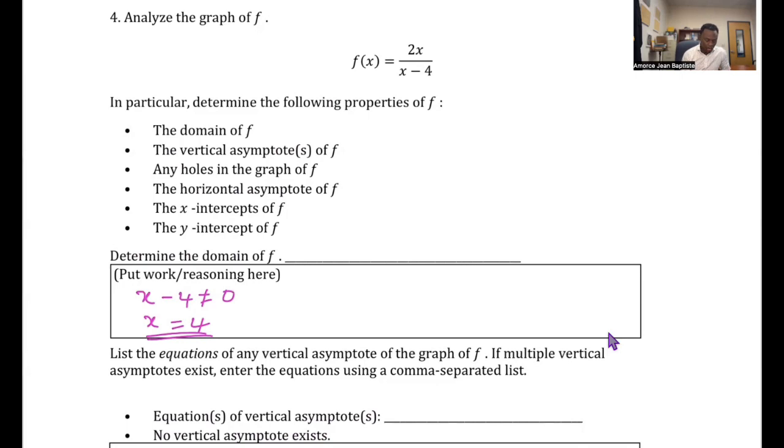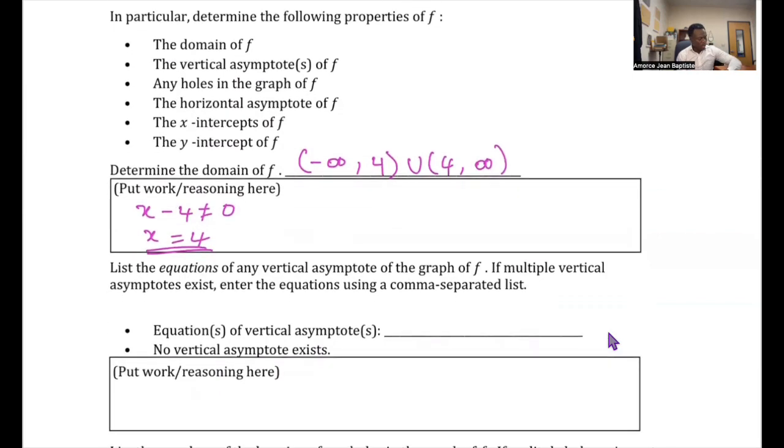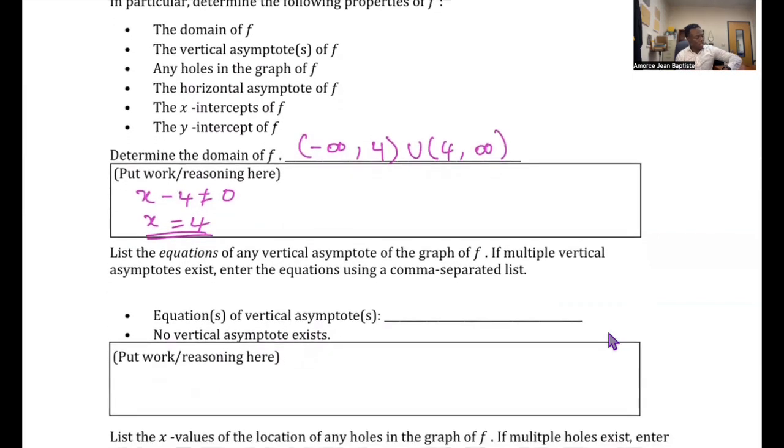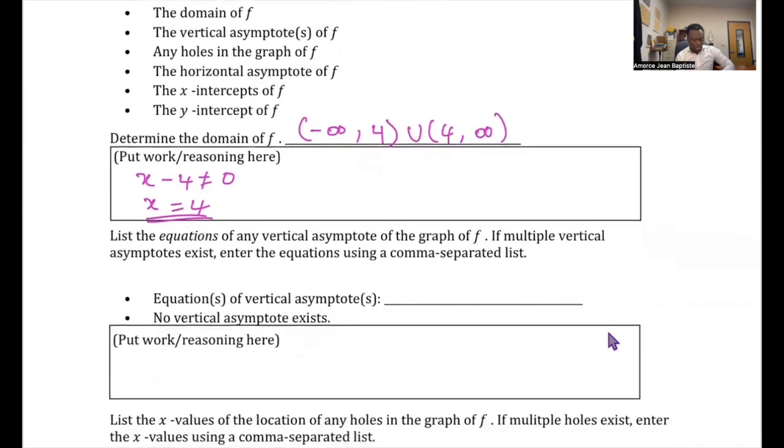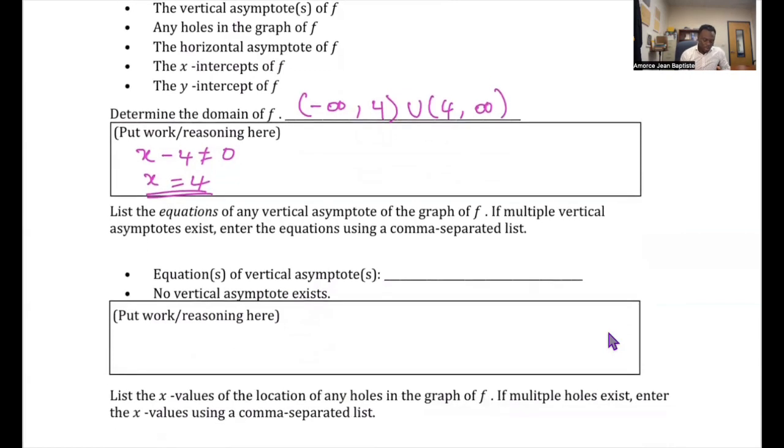So domain will be from negative infinity to 4, union 4 to infinity. And they ask in the next question, what is the equation of the vertical asymptote?